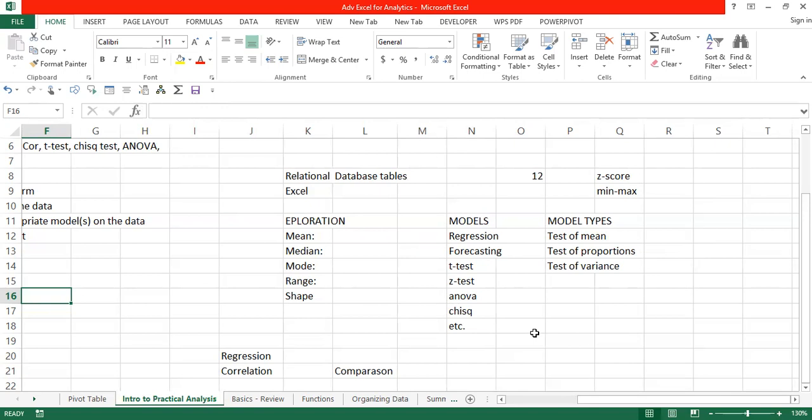Let's say, for example, you take the height. Let's look at a distribution that indicates the height of students in a school, or let's say the height of male students.